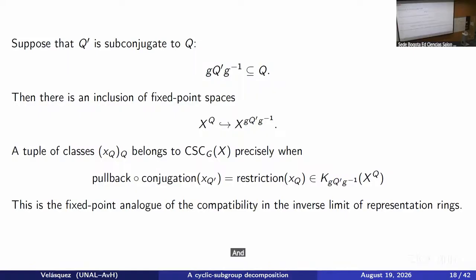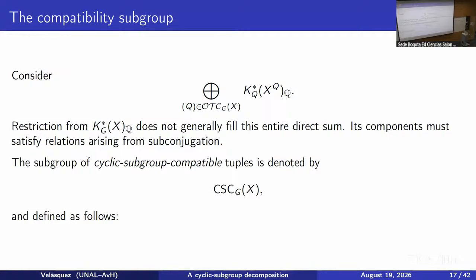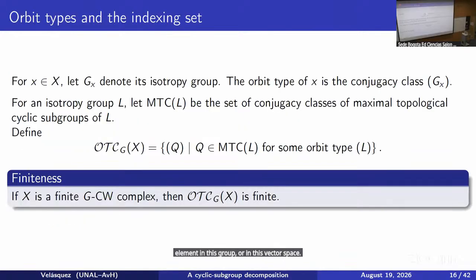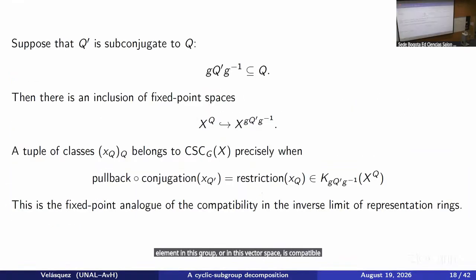And then we say that a tuple of elements in this vector space is compatible if you take the Q prime component, take conjugation by this g, and then pull back. This map applied to X_Q belongs to this K-theory group for Q prime.